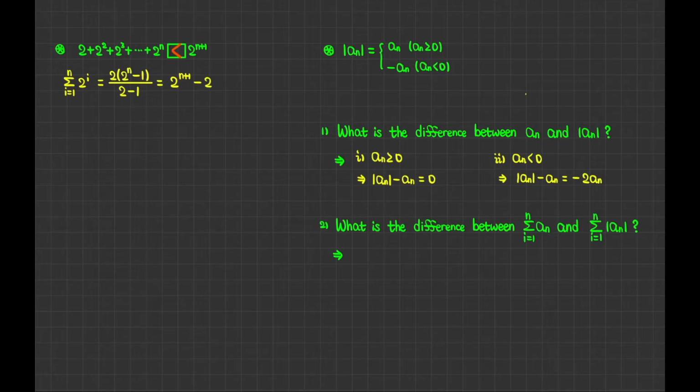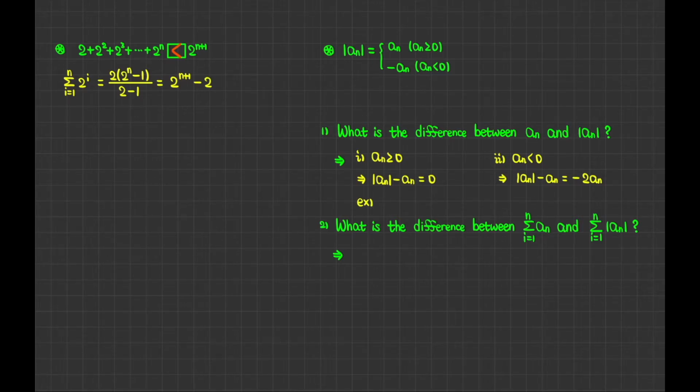For instance, what's the difference between 5 and 2? We don't say negative 3, we just say 3, right? So it's a positive number. So the difference should be a positive number. Alright, so there's no difference in the first case, but in the second there is a difference, twice the value, okay? We can say it like that. Let me take an example again.